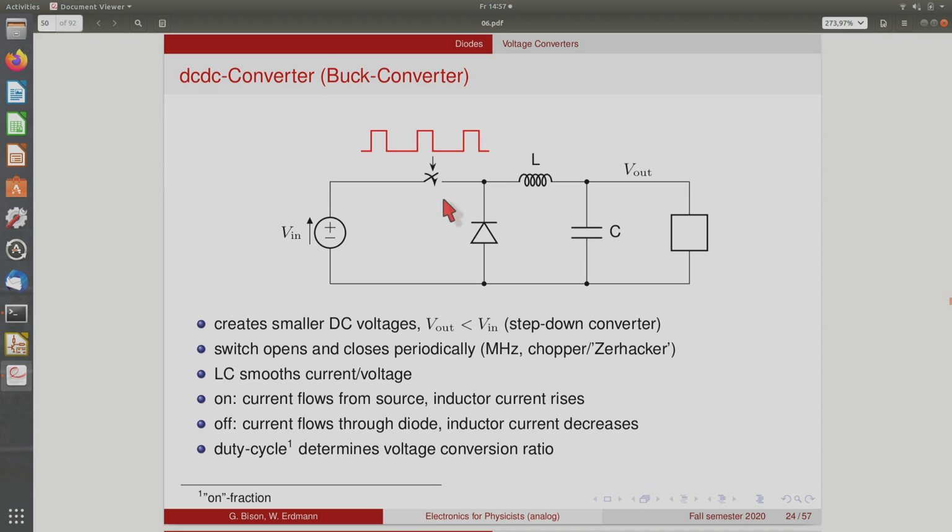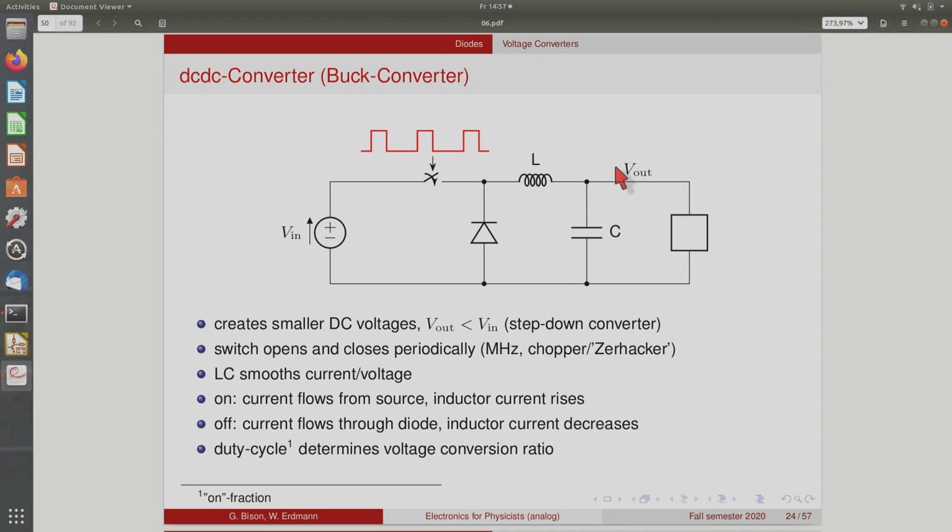So when the switch is closed, the current flows from the voltage source through the inductor and the load and the capacitor, and then the voltage across the inductor rises. When you switch off the current, then the current flows through the load and the diode here.